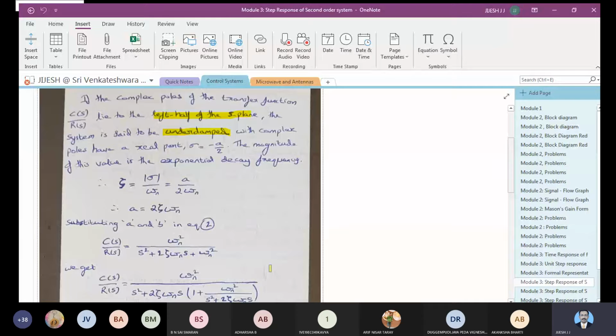If g of s is omega n square divided by s square plus 2 zeta omega n s, what is h of s? You think and tell me.